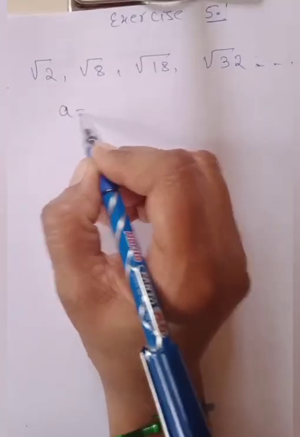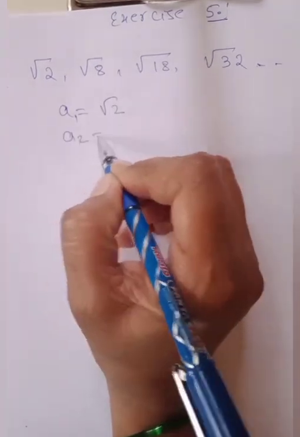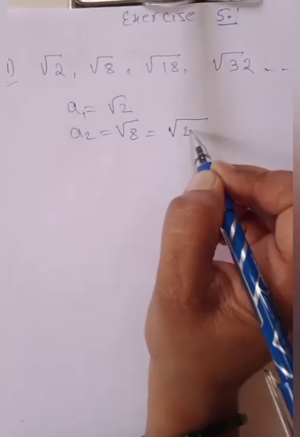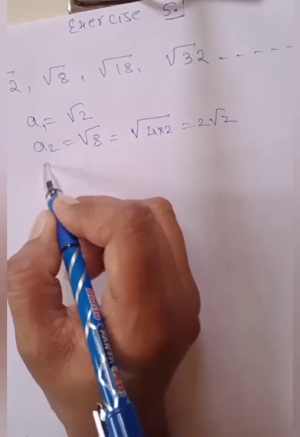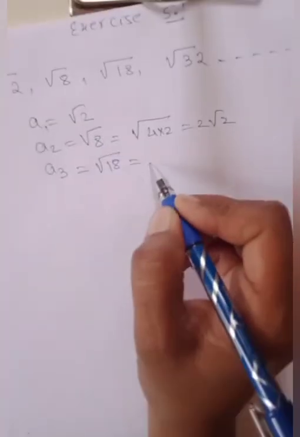First, see here children, you have a1 as root 2 and a2 as root 8, and root 8 can be written as root of 4 into 2, which is equal to 2 root 2. Then you have a3, which is equal to root 18.